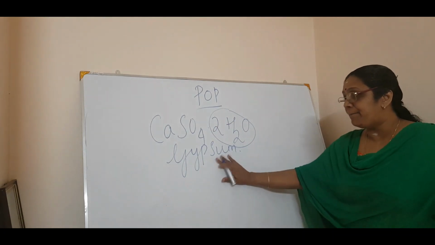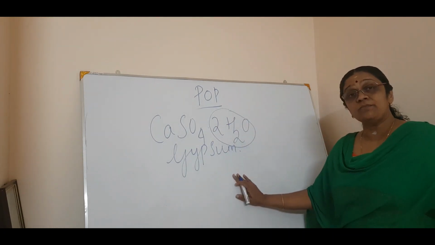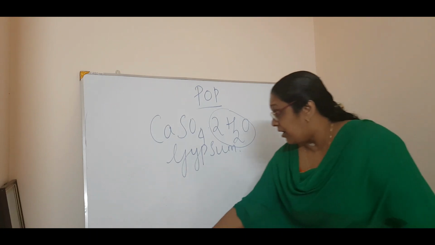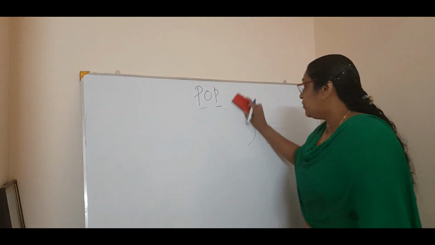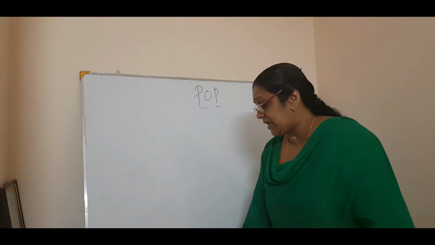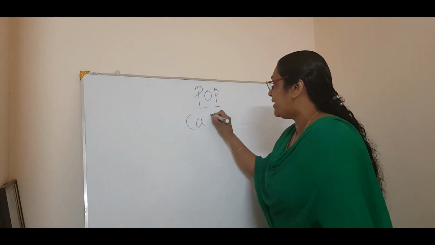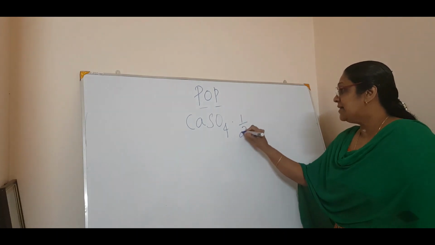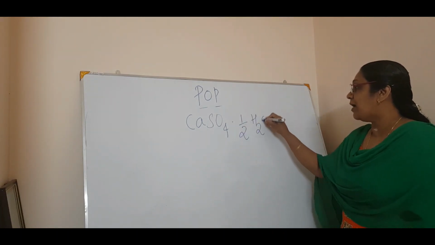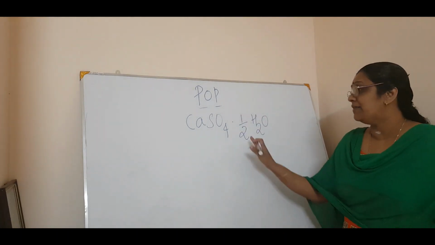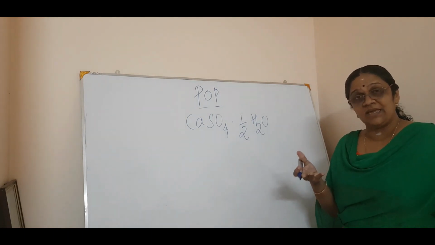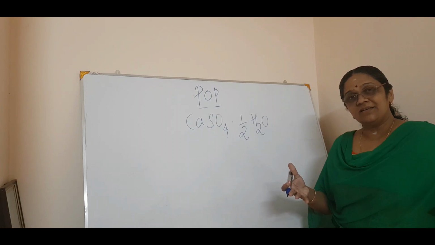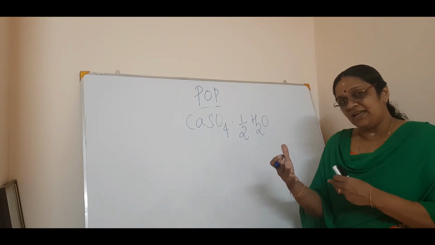Okay. Now we will prepare this plaster of Paris from gypsum. Before that, I will give you the chemical formula of plaster of Paris. It is interesting also. The chemical formula is calcium sulfate dot half H2O. Have you ever heard that a half H2O exists? No. But theoretically, practicality is different, isn't it?